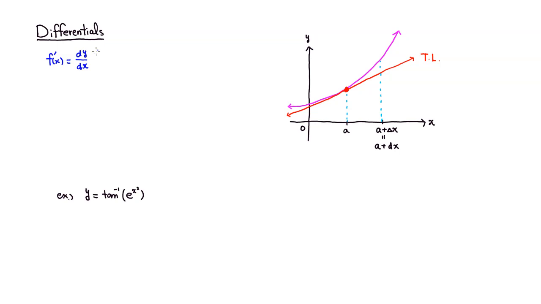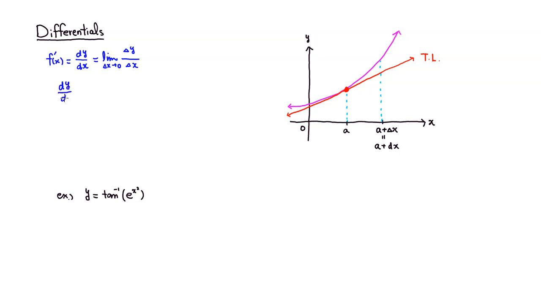And remember that the derivative is just a limit, the limit of the difference quotient. So one way to write it is we are taking the limit as delta x approaches 0 of delta y over delta x. So for small delta x, dy over dx is very close to delta y over delta x.